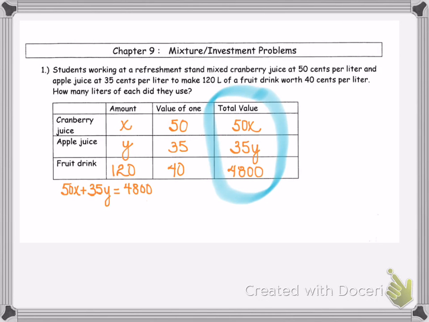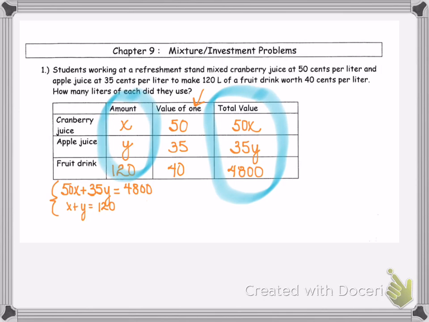So that's equation 1. Now if you look at this middle column, there's really not anything we can write an equation with here because there's no variables. So we've got to be using the first column, which talks about amount. So my second equation would be x plus y equals 120.